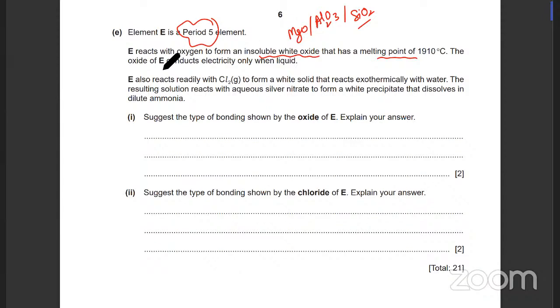Then it says that the oxide of E conducts electricity only when liquid, when you melt it. So we can rule out SiO2 because that's covalent, right? But aluminium oxide and magnesium oxide will conduct electricity when you melt them. Is that clear? Why would they conduct electricity when you melt them?